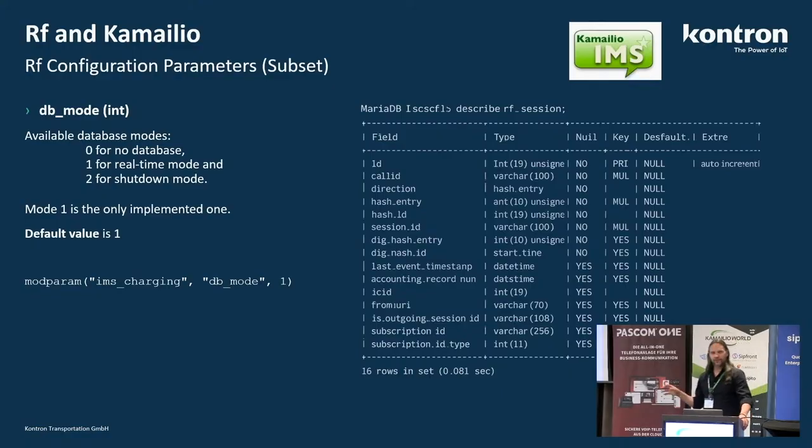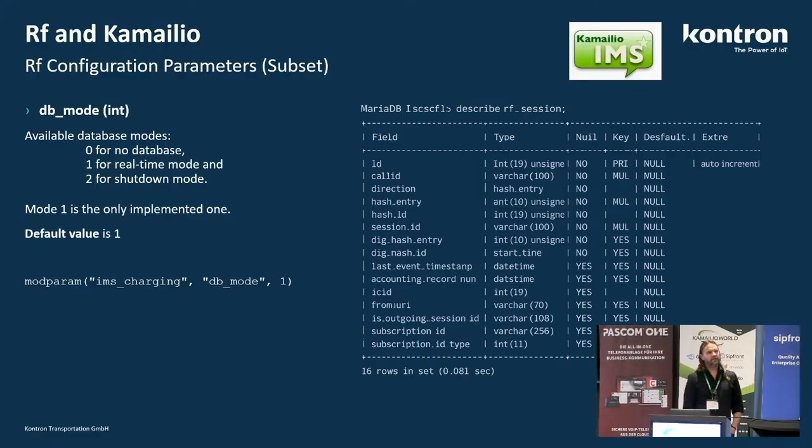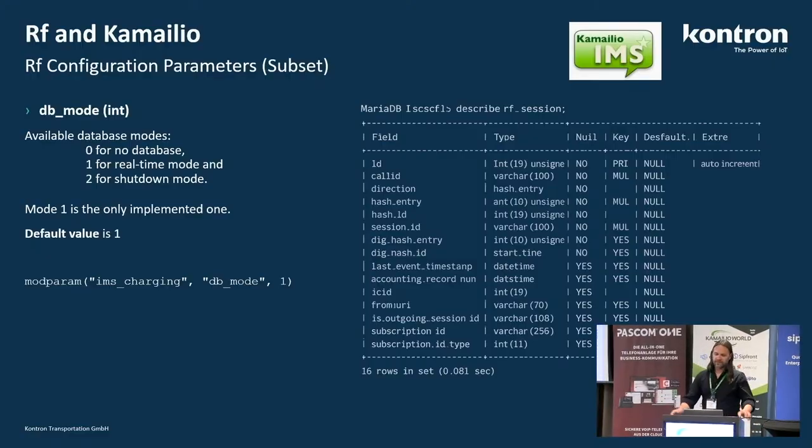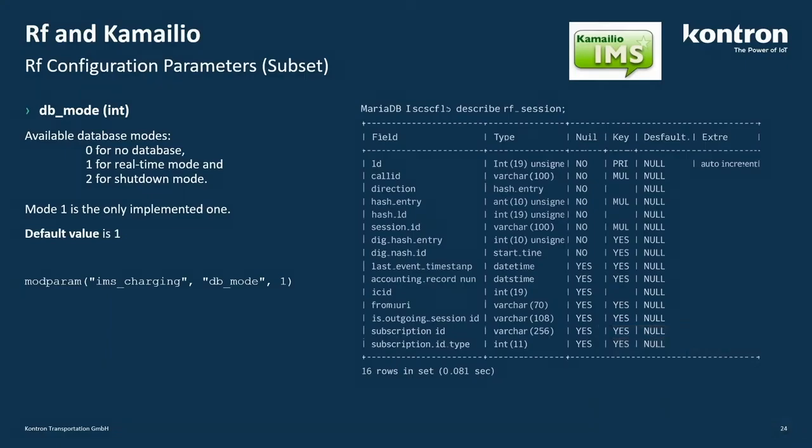We store all these sessions in a database. In our case, we are using a Galera cluster which replicates locally, and we also distribute the data to other geographical sites via asynchronous MySQL replication. All relevant data for the Rf sessions are stored there, and once the session is over, it gets deleted from the database.